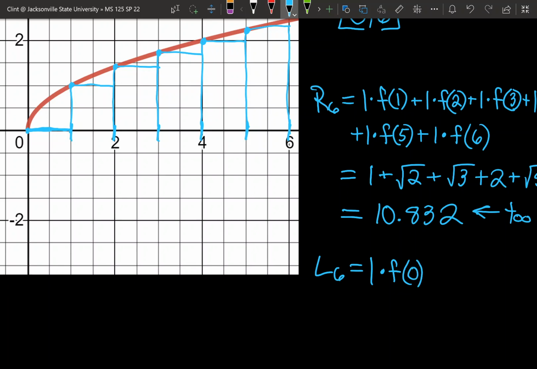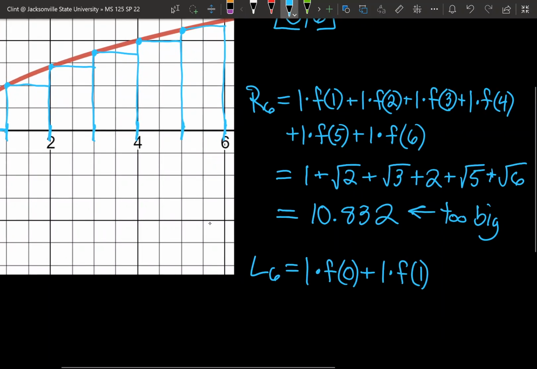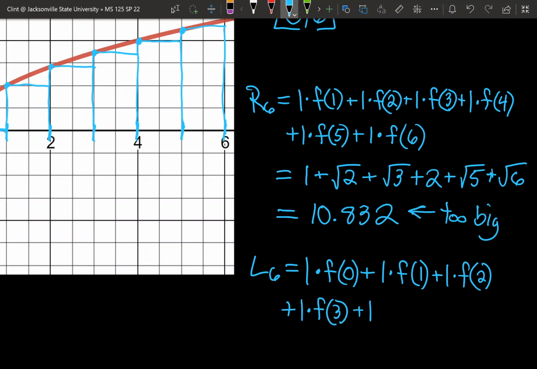Yeah. 0 squared, 0. That's when we get one 0 tall. And then this will be 1 times f of 1. And then 1 times f of 2. And then 1 times f of 3. 1 times f of 4. And our last one this time will be 1 times f of 5.